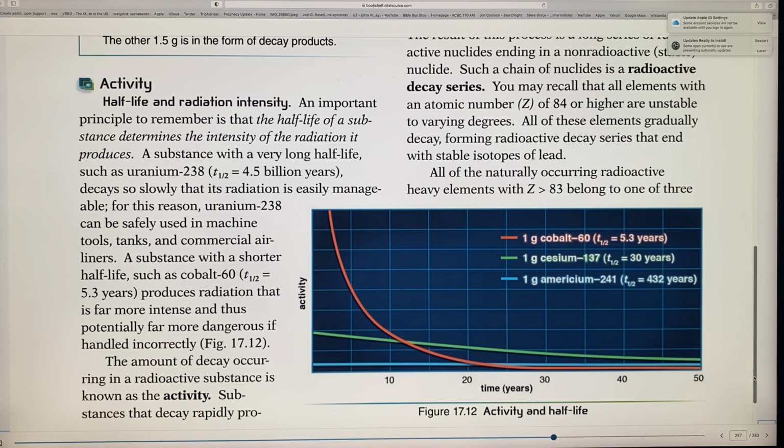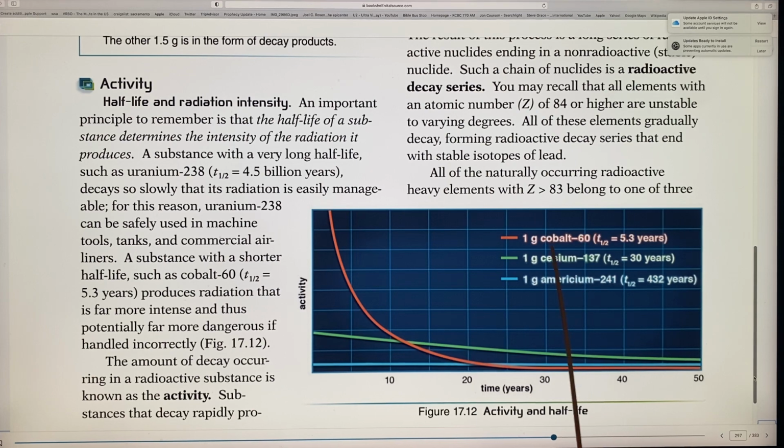If the half-life is longer, its radiation is going to be slow, easily managed. Now, if it's a short half-life, it produces radiation that is more intense. So it's opposite from the length of the half-life.